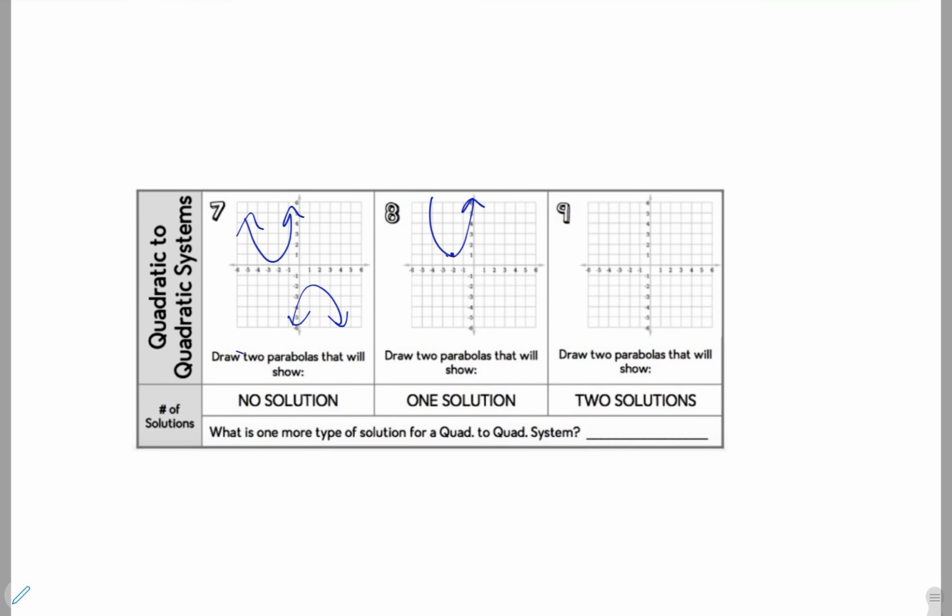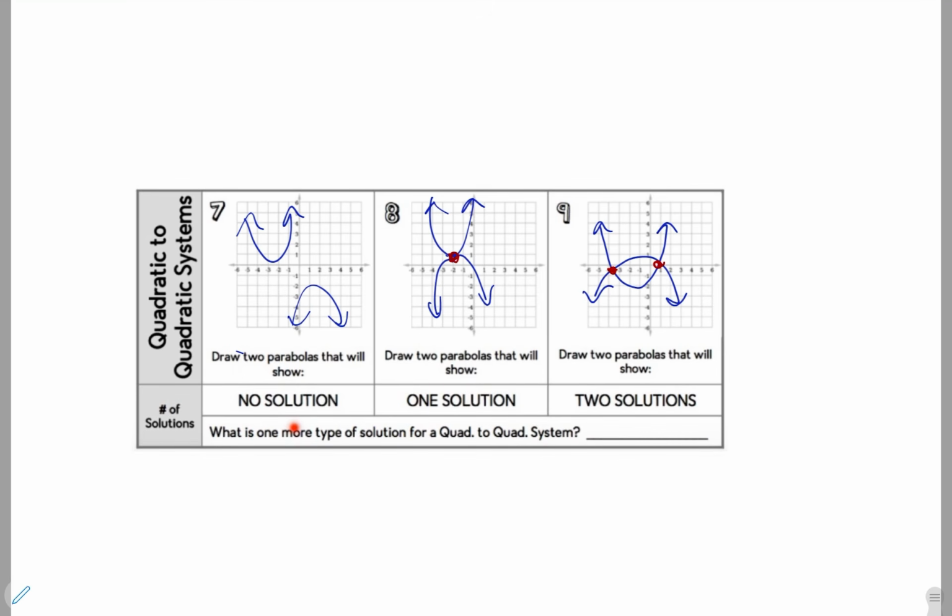U and U. They touch at one point. Draw two parabolas that show two solutions. U and two solutions. Yeah, like that. Yeah, had to use some creativity. See how that works?